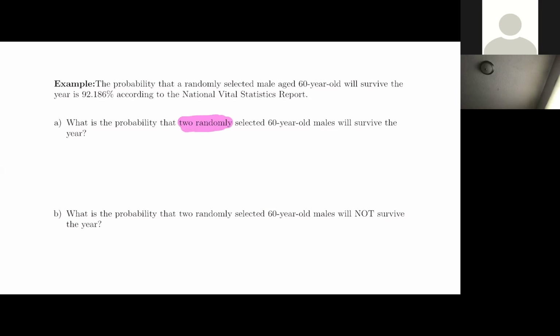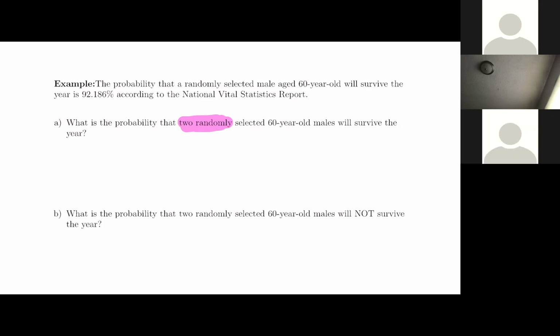And for this one, can I assume that the 2 60-year-old males are independent from each other? Yeah, so we can assume they're independent. And the reason why we're assuming they're independent is that one 60-year-old male shouldn't influence the life of a second 60-year-old male. Like they're independent from each other.